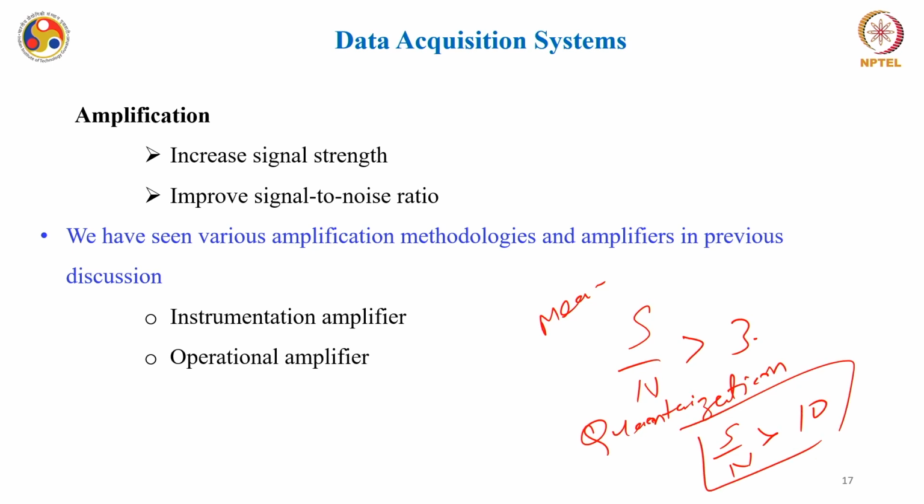It will improve the signal strength, by which the signal to noise ratio can also be improved. As I was mentioning, we have seen various amplification methodologies and amplifiers in our previous discussions, like operational amplifiers and how they can be used to construct an instrumentation amplifier.